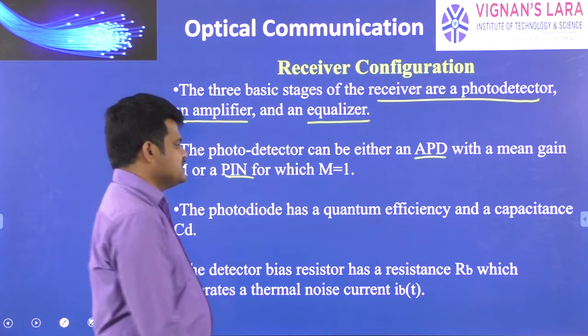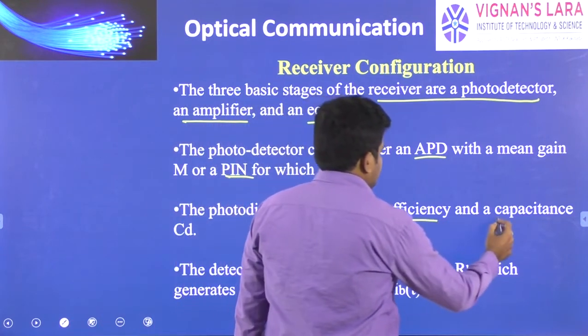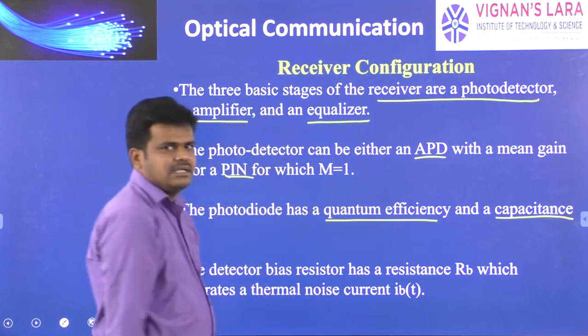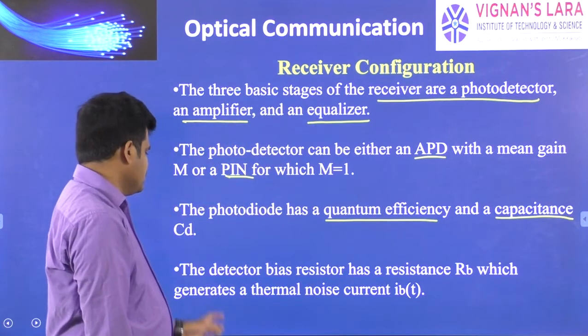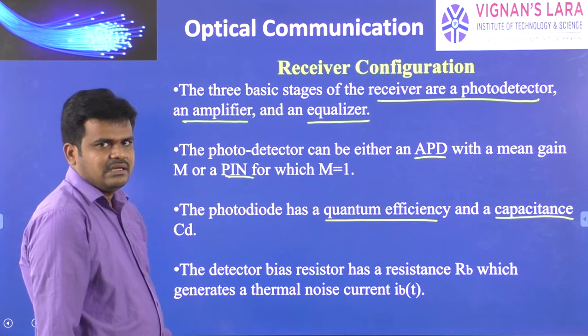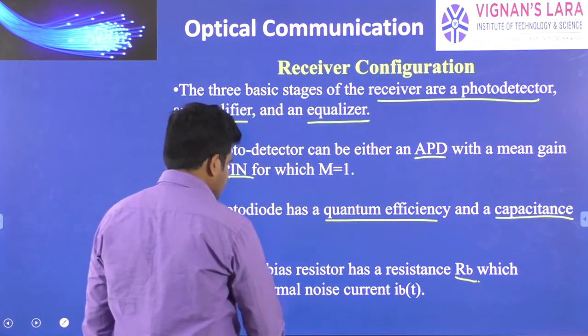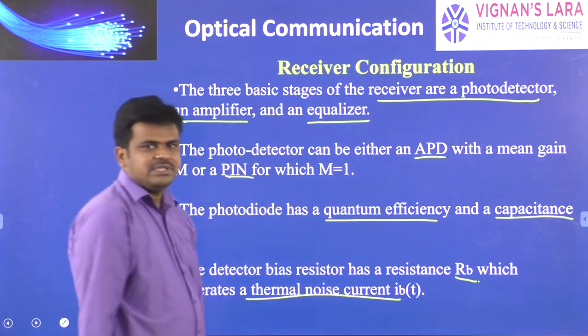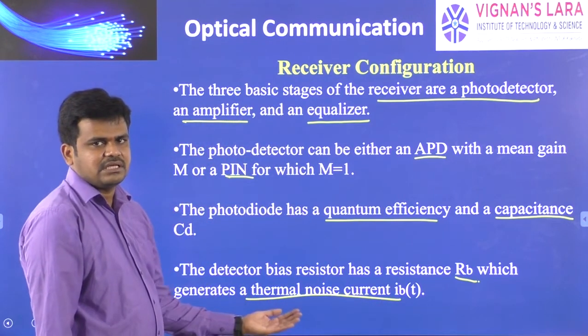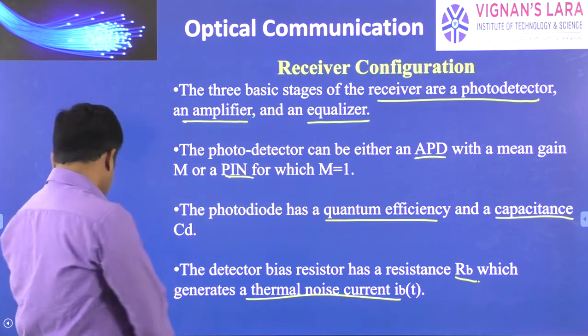The photodiode has a quantum efficiency and also an internal diffusion capacitance. The detector bias resistor has a resistance RB, due to which thermal noise may be generated.